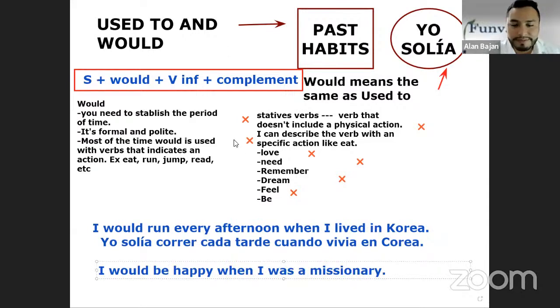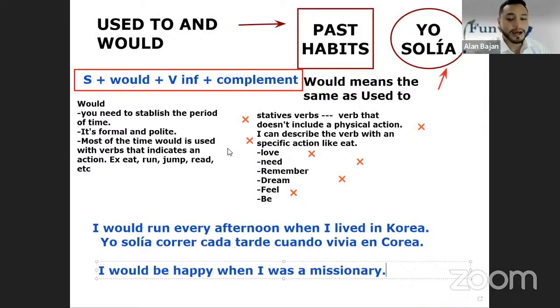Ser feliz, el verbo ser, no es algo que se puede repetir varias veces. No puedo tener un hábito de ser feliz porque las emociones son varias. Ese es solo un ejemplo. And when I say, I used to be happy when I was a missionary, that's a general idea. Right? No es algo que de verdad usted todos los días era feliz cuando era misionero. Right?